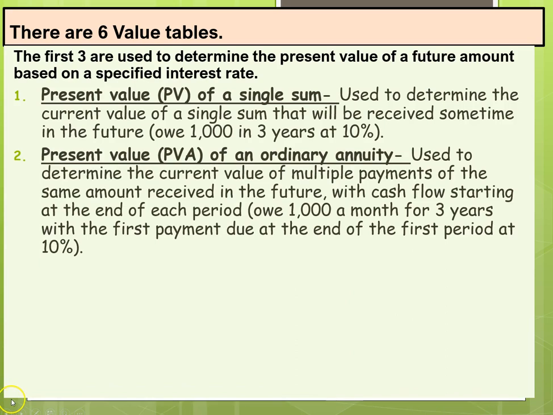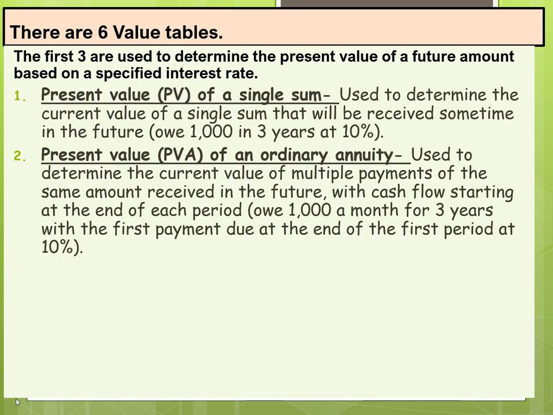Present value of an ordinary annuity is used to determine the current value of multiple payments of the same amount received in the future, with cash flow starting at the end of each period. The only time you can use the PVA table is when the dollar amount is exactly the same for the multiple payments. So maybe you're going to receive $1,000 a month for 3 years.